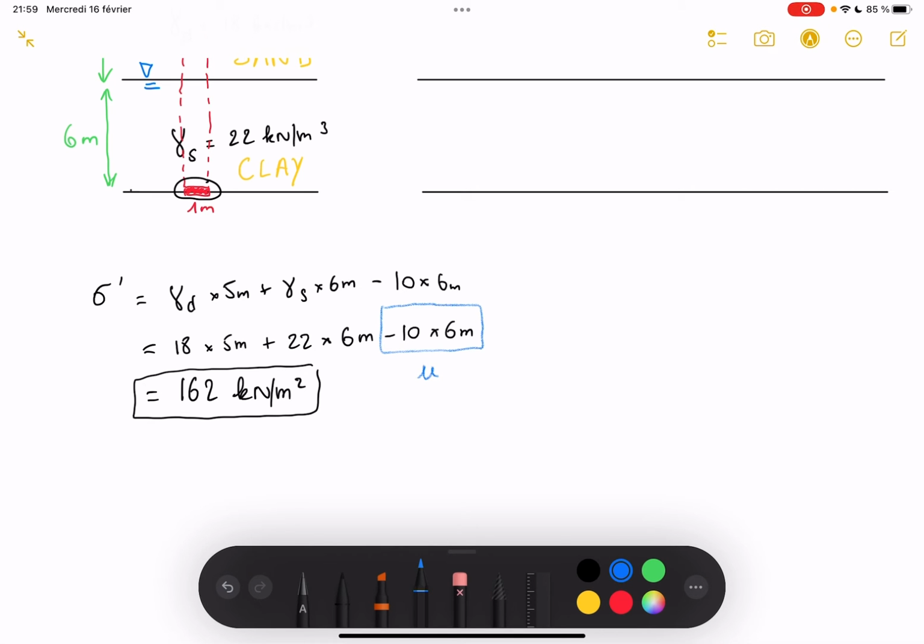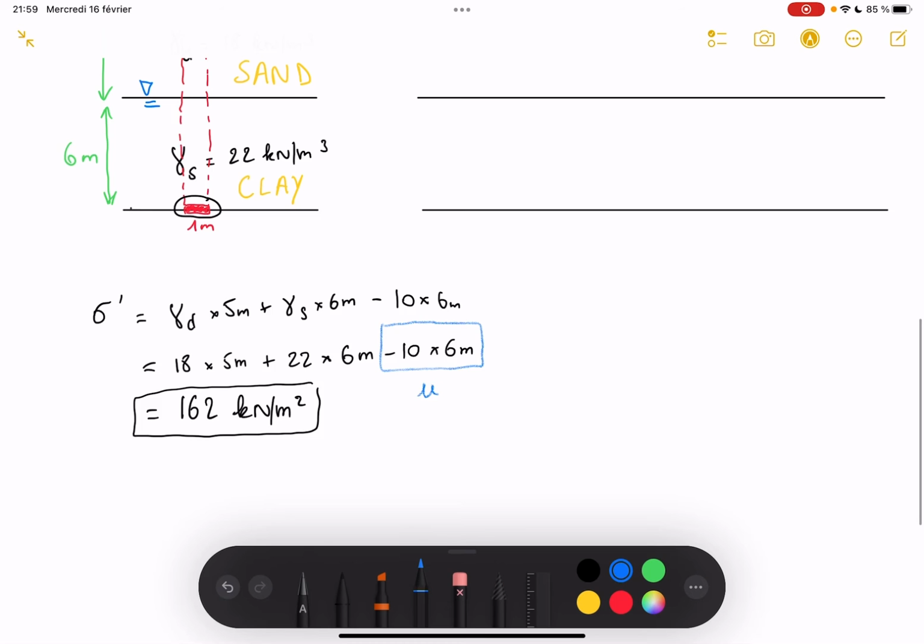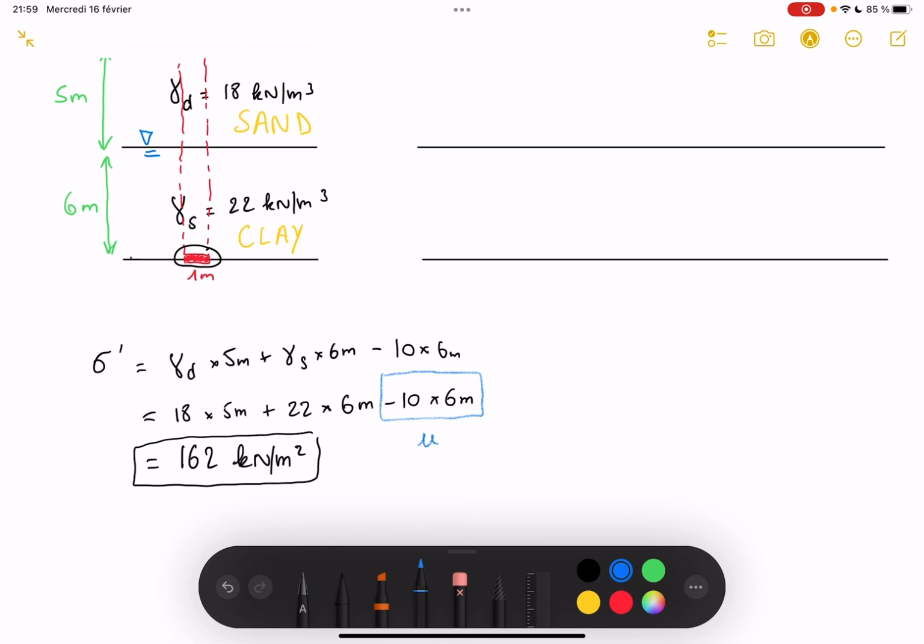Had you not subtracted the pore water pressure, you would have worked out your total stress, and not your effective stress. Always bear in mind that your total stress is your effective stress plus your pore water pressure. Inversely, your effective stress is always your total stress minus the pore water pressure.